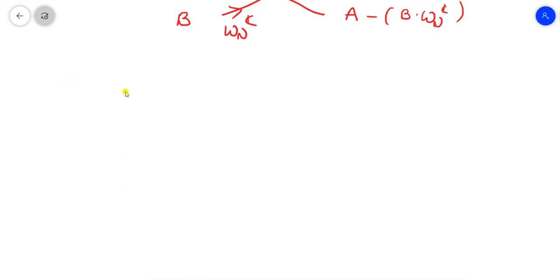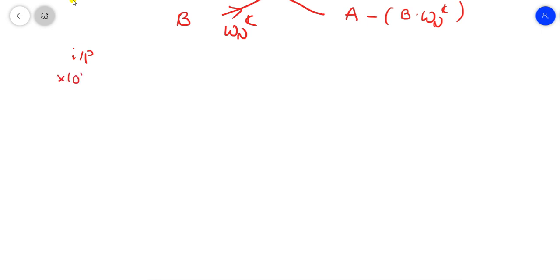So here, first of all, you should take the input. According to step 2, you should take the bit reversed order.